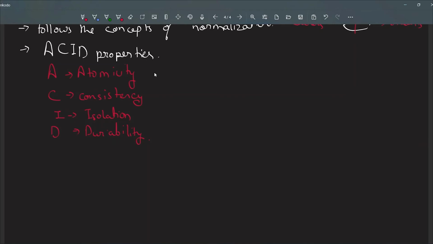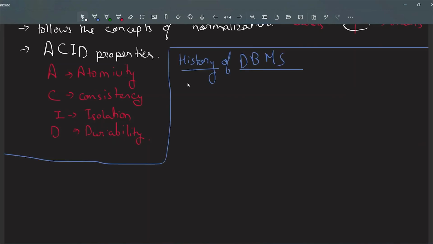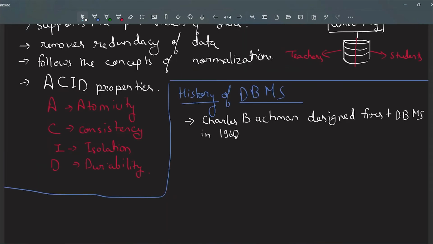Now let's discuss a brief history of DBMS. The history starts from the 1960s, when Charles Bachman was the first person to develop an integrated data store, that is IDS. He designed the first DBMS system, and it was based on the network data model.